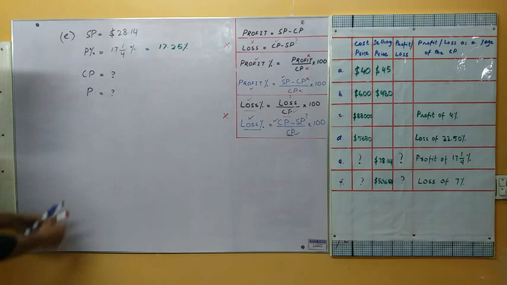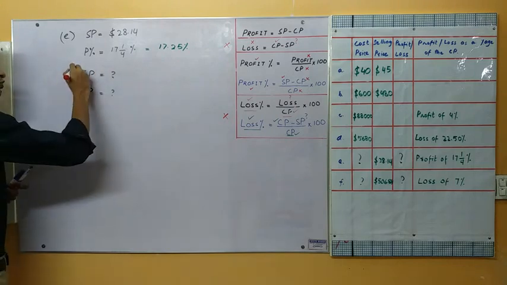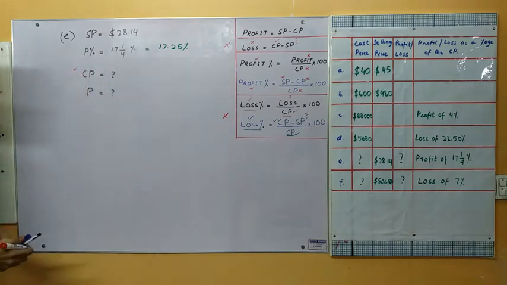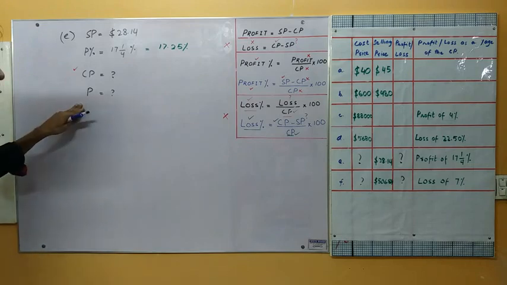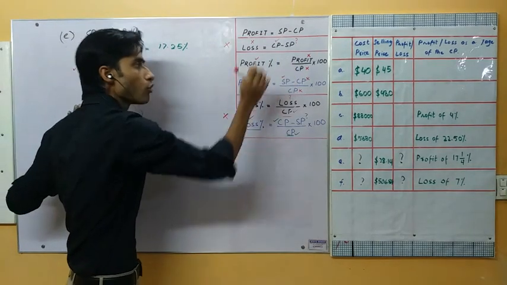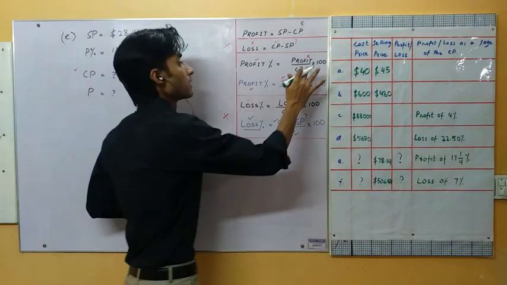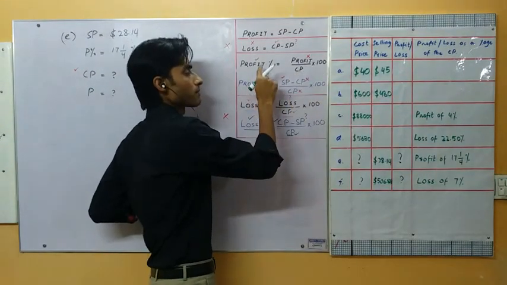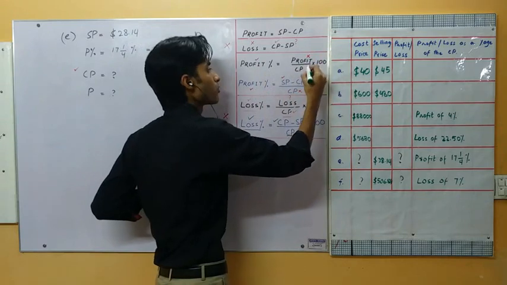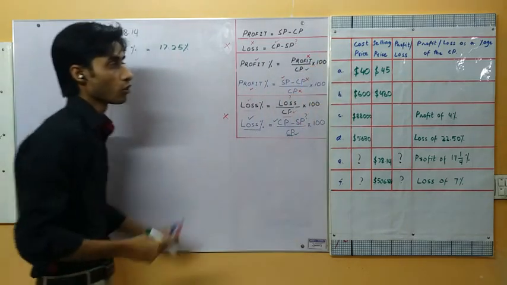Once you have found out cost price, after that you will try and find out profit. For profit, you can now go to this formula and use to find out profit, but in this case profit percentage is there, profit is unknown, cost price is now known.